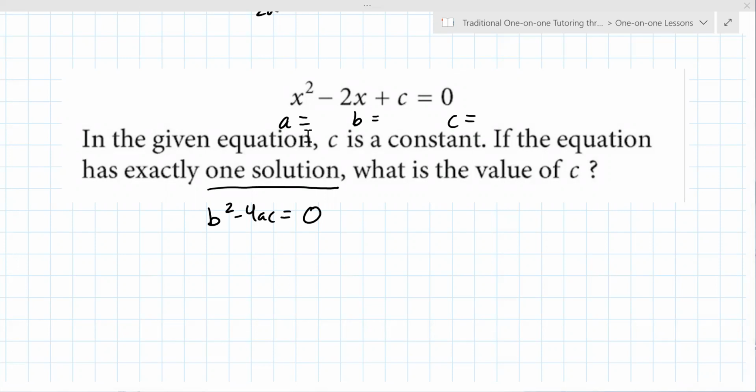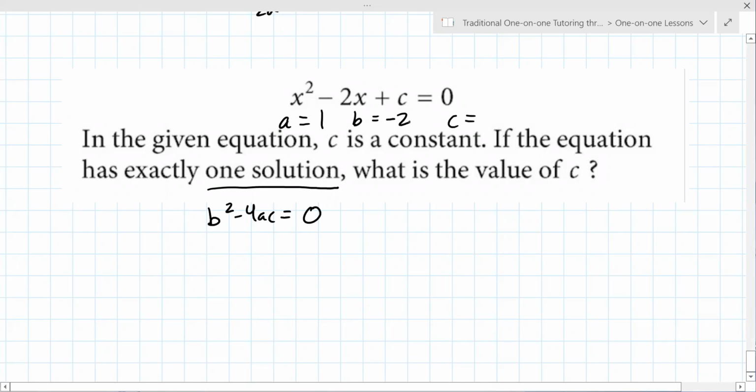What is the value of a? A is 1. Okay. B is negative 2. And C just is c. Okay. So you're going to put those into this formula.